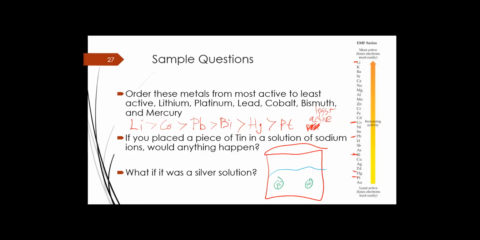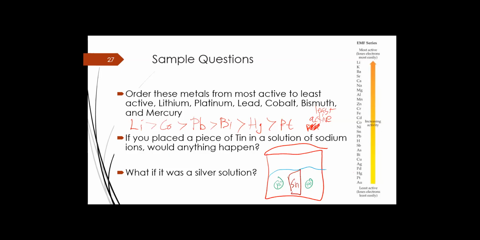And we're going to put into that a piece of tin, Sn. And we're trying to think if there's going to be a reaction that occurs. Is that tin going to stay as it is, or is it going to start to react with that sodium, and that sodium is going to become a metal, and the tin is going to become the oxide?